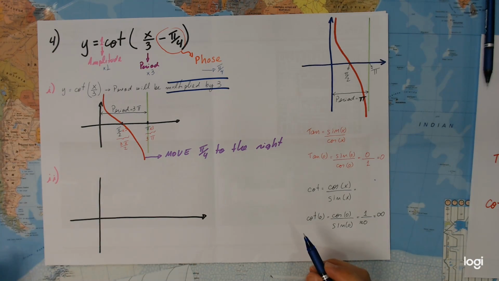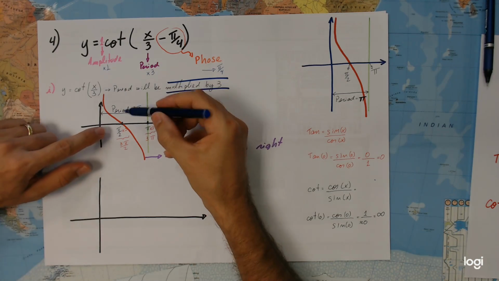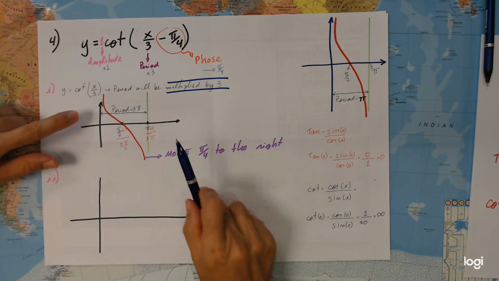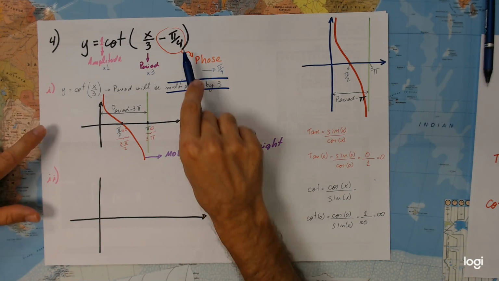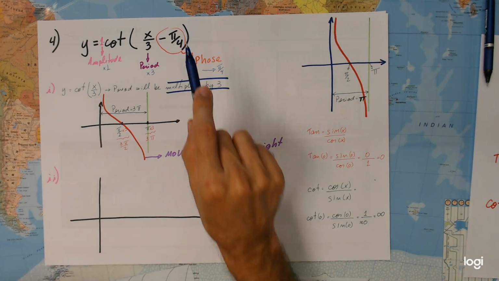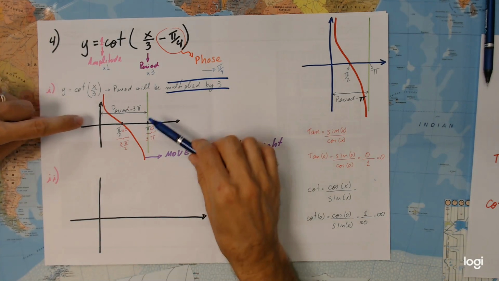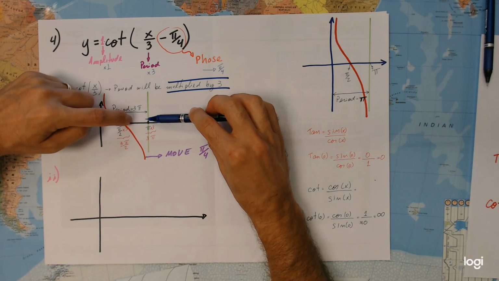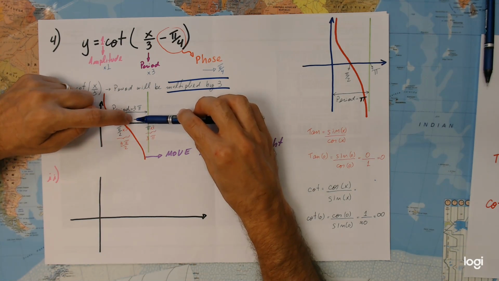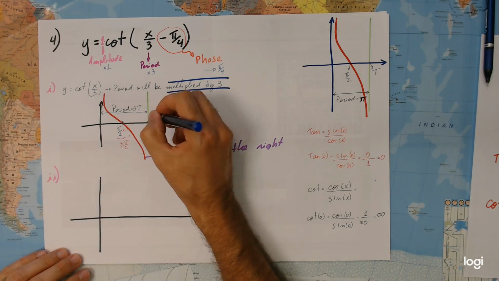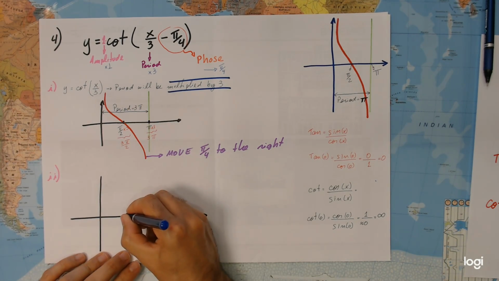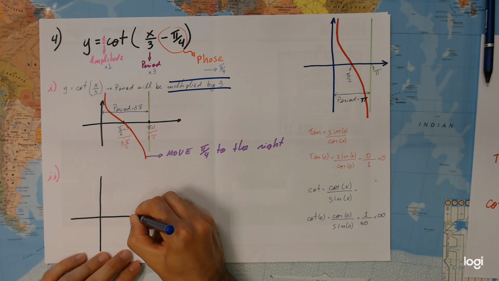But, well, let's just see something first. If we're going to move pi over 4, so if this is 3 pi, something like this, it is pi. Pi over 4 is going to be a little bit to the right, maybe in here.